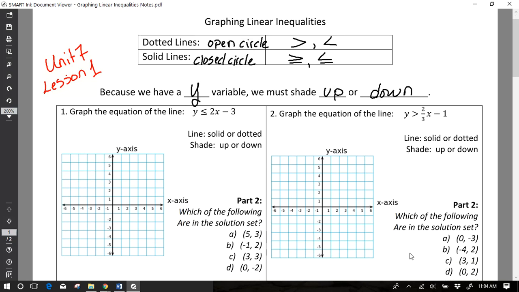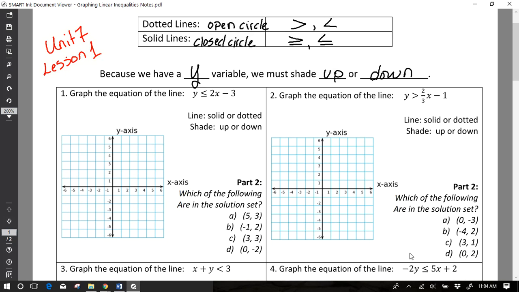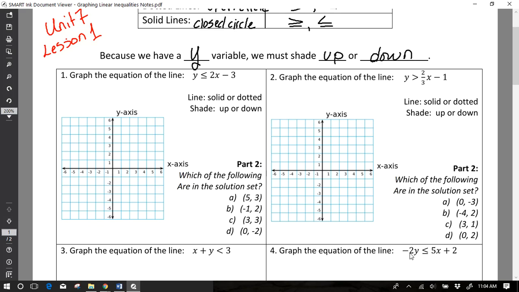Okay? All right, so let's take a look at example number 1 here. And I am going to skip part 2, okay, temporarily. I'm going to do just the first part of both examples 1 and 2. So, step number 1, make sure that the equation or inequality is in slope-intercept form.